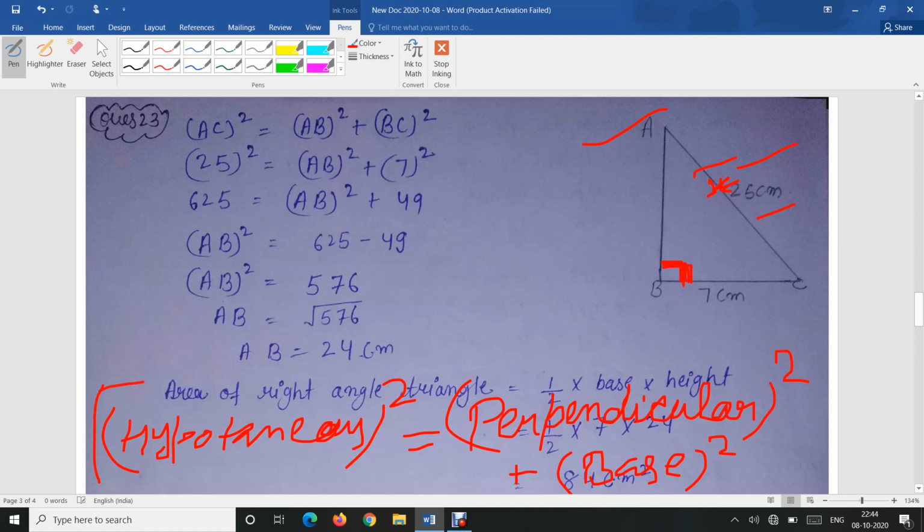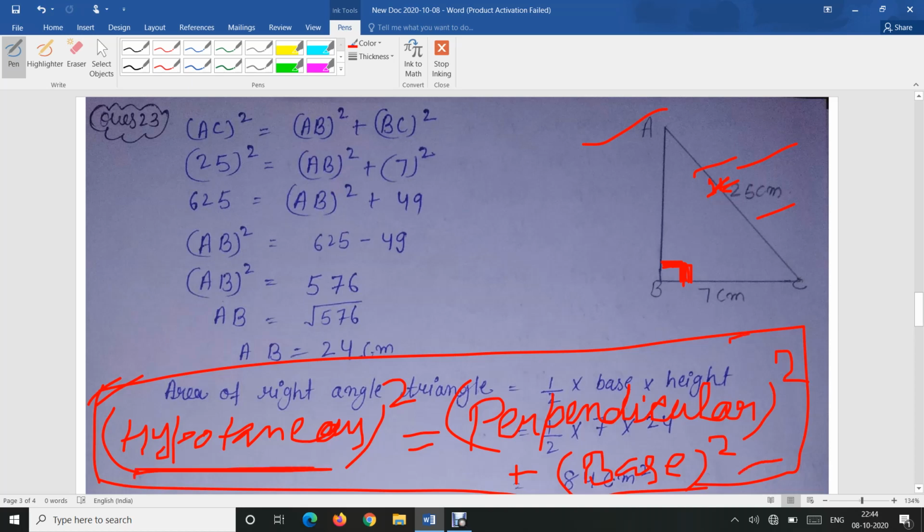This is the Pythagoras theorem. The proof of this theorem you will learn in the next class. For right now, you have to memorize that hypotenuse square is always equal to perpendicular square plus base square, where the hypotenuse is always the largest side. That's why the hypotenuse square is the sum of the squares of the other two sides.